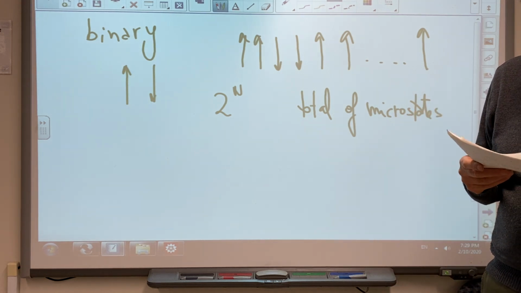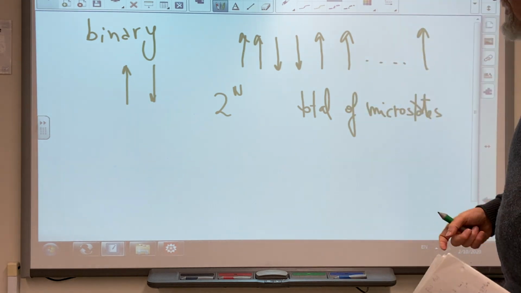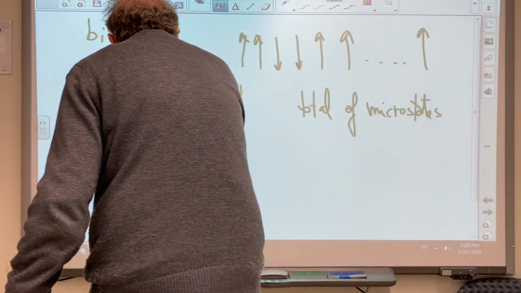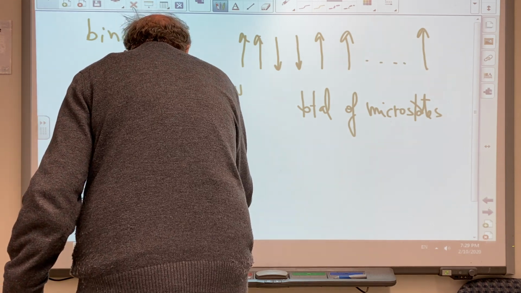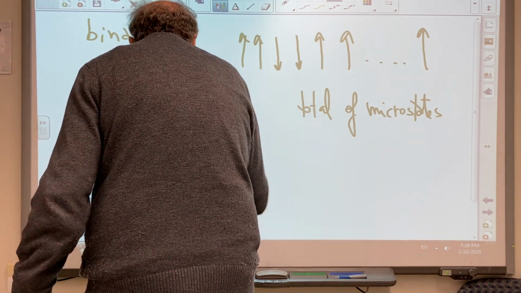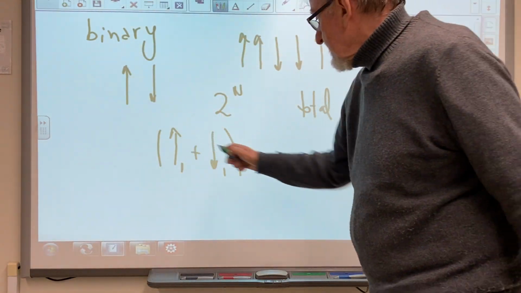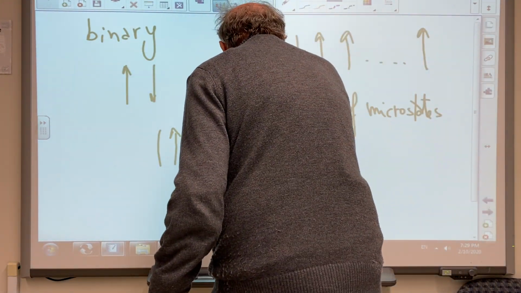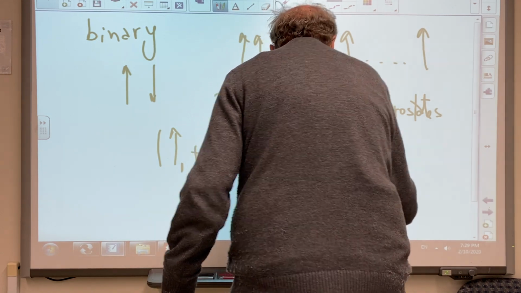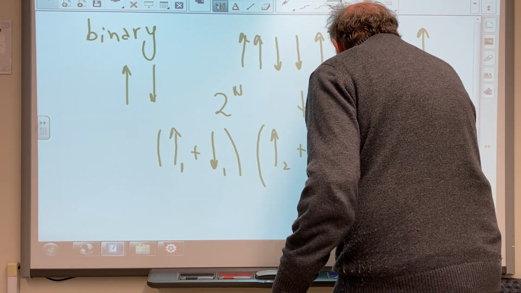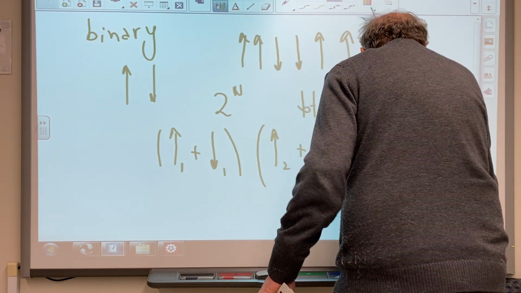Now, what is interesting is the following. If I write them, and there are many ways of writing this, so sometimes you can say the first particle, so particle number 1, can be in any of these two states. Either it can be like this or like this. And particle number 2 can be in any of those two states. And particle number 3 can be in any of these two states.